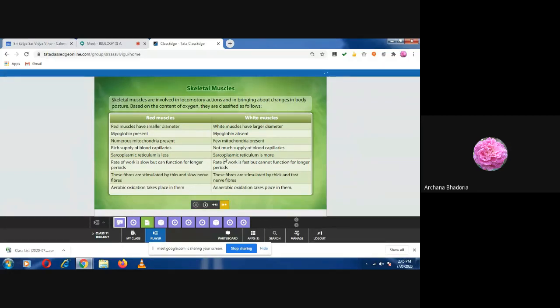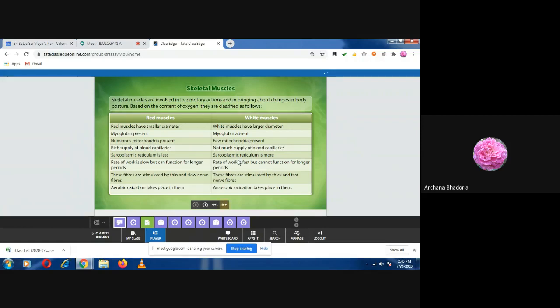So can someone tell what the function of the sarcoplasmic reticulum is? Ritu will tell me. Ma'am, synthesis of protein. Not at all. Just now I told you.